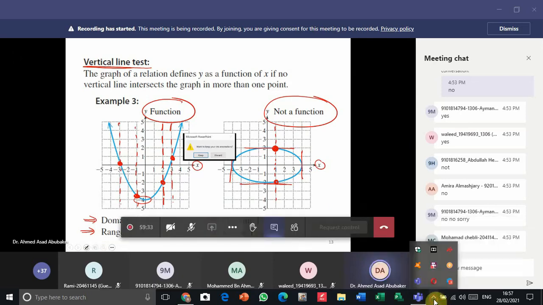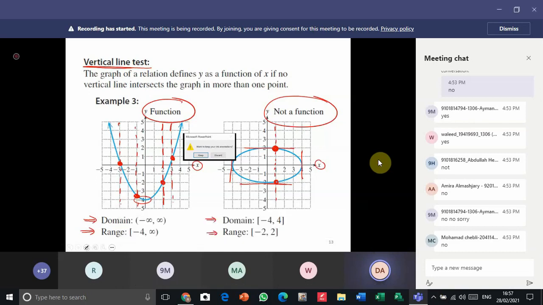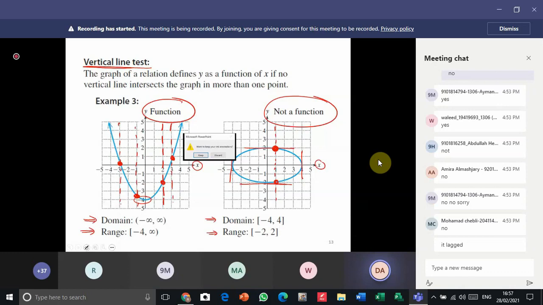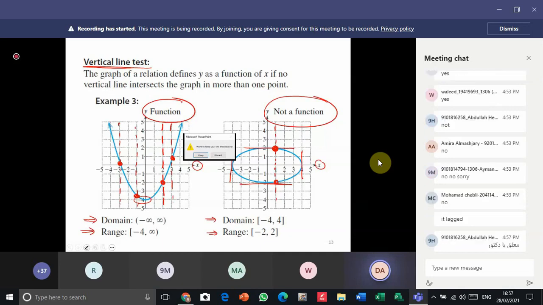If we have this curve, okay, look at these curves. Which one is a function and which one is not a function?